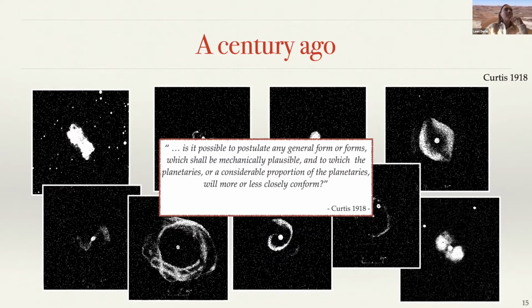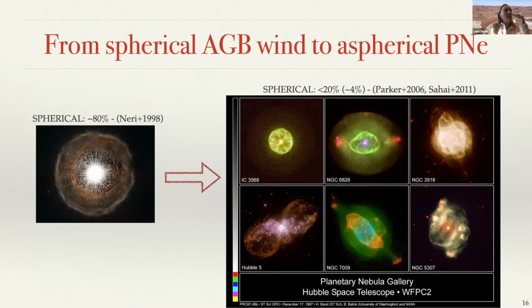And so for more than a century, that question has been open. Since this was so cumbersome, we did see indeed that these AGB stars, and then we had the precursors, had such a different geometry from spherically symmetric towards all of these nice morphologies that, for instance, have been depicted by the Hubble Space Telescope.